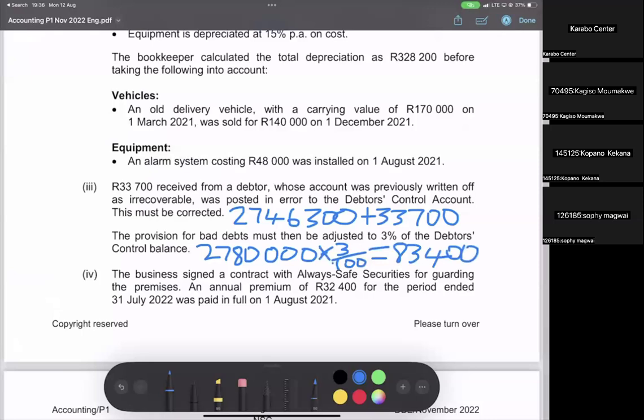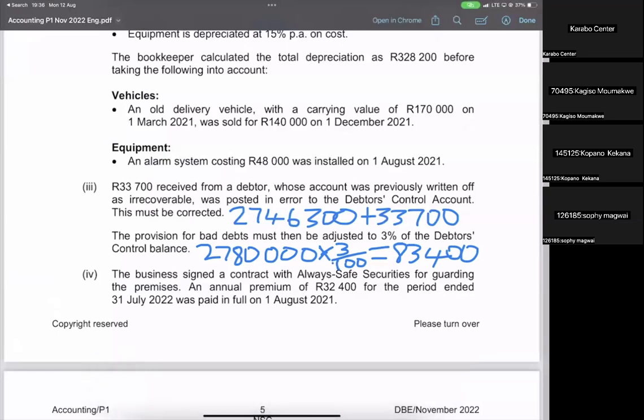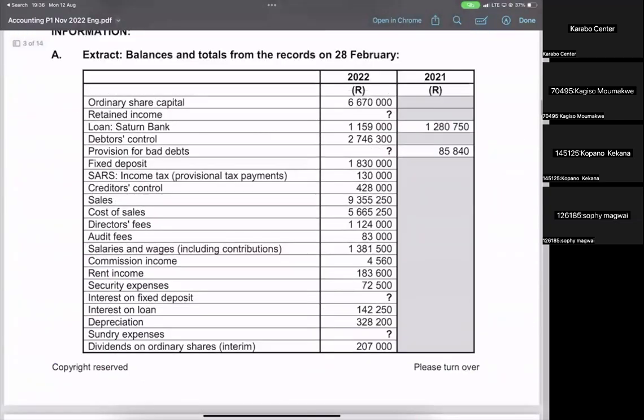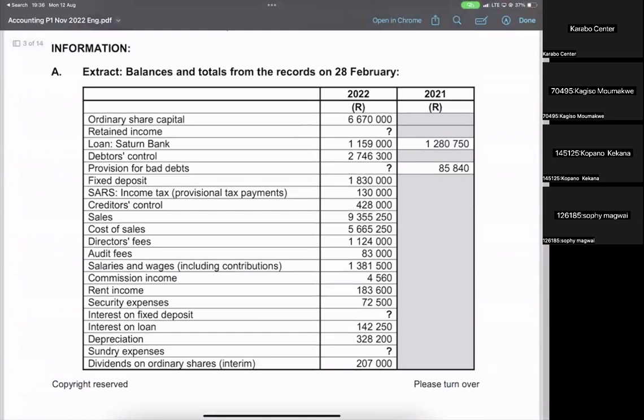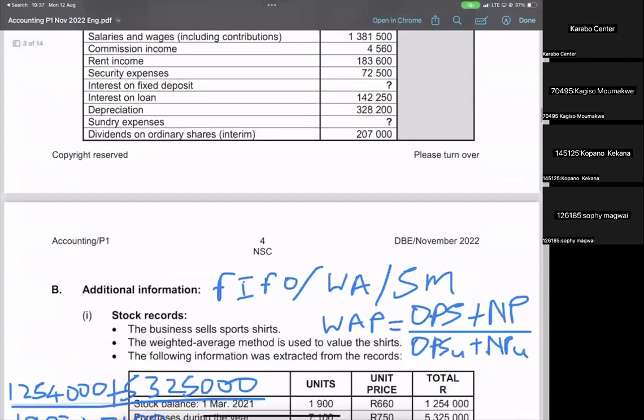After getting 83,400, we compare with the provision that appears on the extract from the balance sheet, which is 85,840.